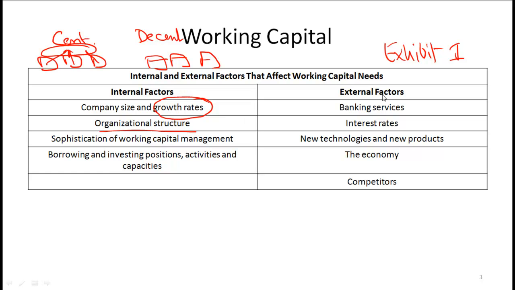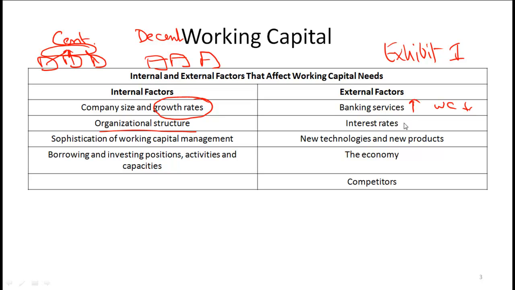Other factors, external factors: in an economy where the banking services are very well developed, if a company needs funds in a hurry, it can easily access funds through the banking sector. So where banking services are good, the working capital requirement will be lower. Interest rates.